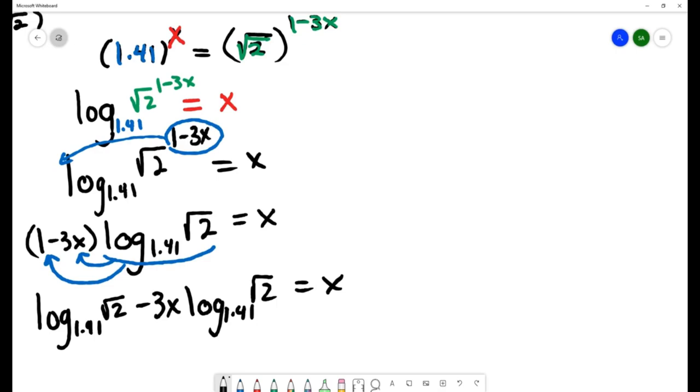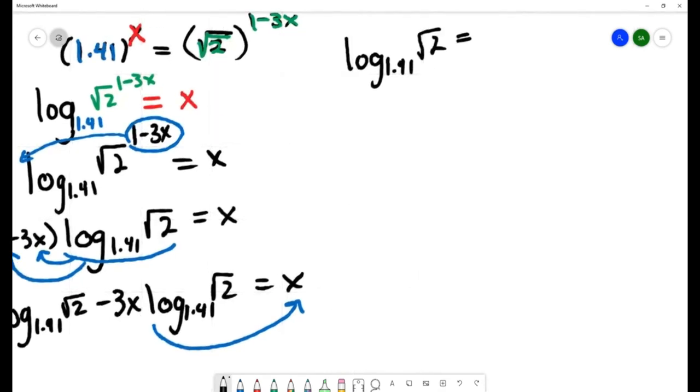And I want to collect the x's onto the same side. So I'm going to move this term to the right-hand side so I can have all the x's on the right. And that would give log base 1.41 of square root of 2 equals x plus 3x log base 1.41 of square root of 2.